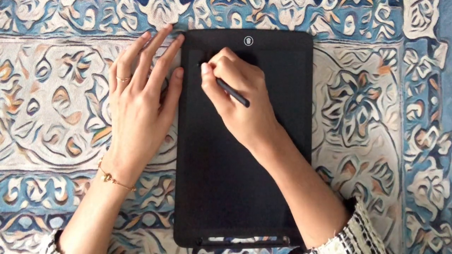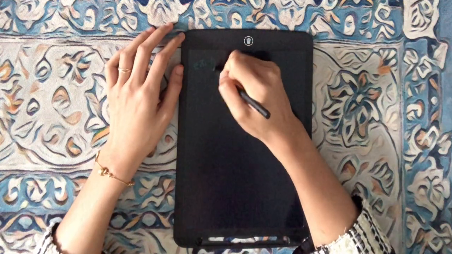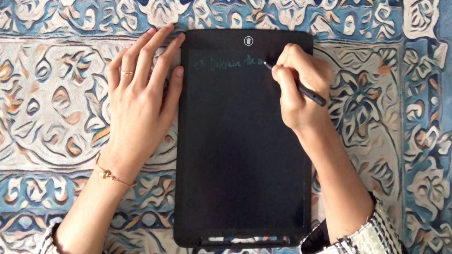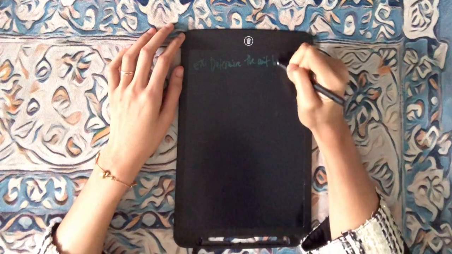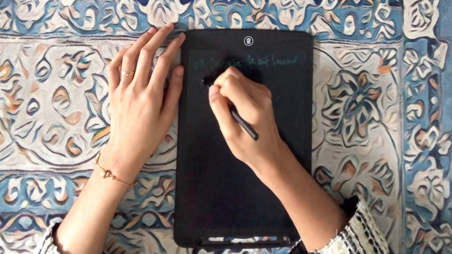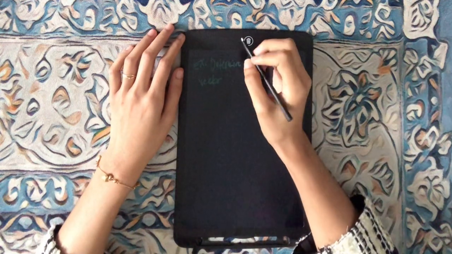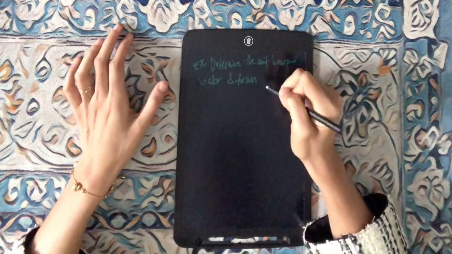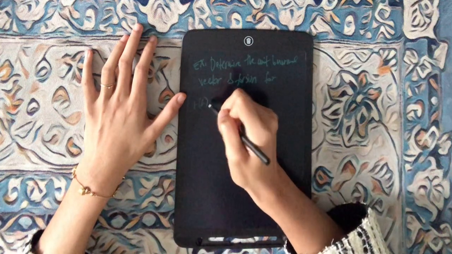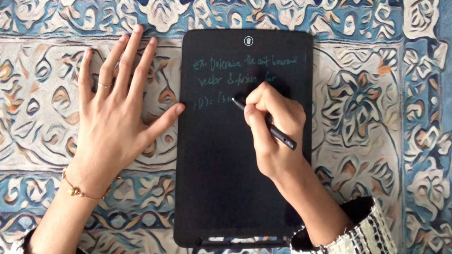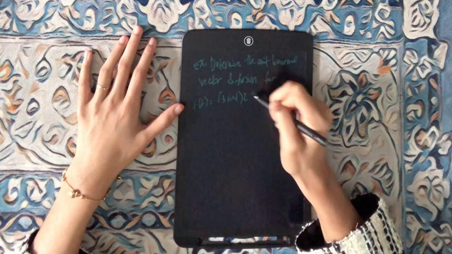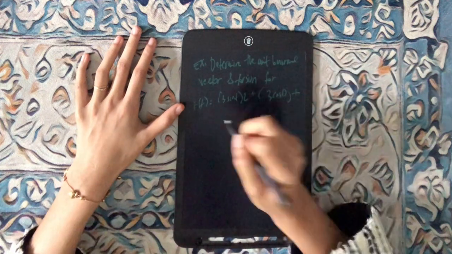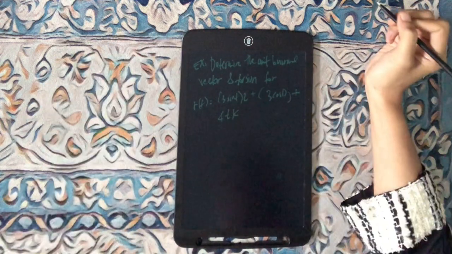So for the example, the question asks you to determine the unit binomial vector and torsion for R(t) equal to 3 sin t i plus 3 cos t j plus 4t k.